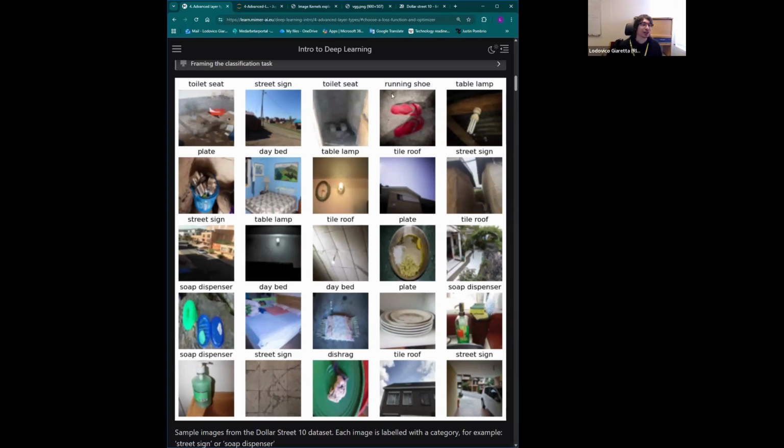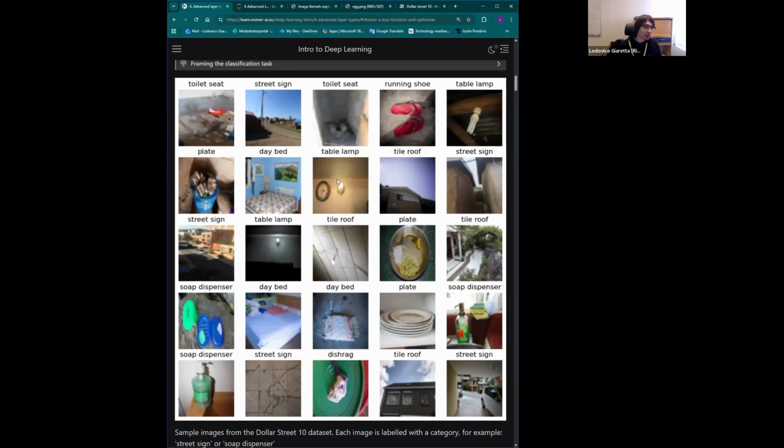Data never really matches what you would expect it to be. Like this tile roof, I mean, you can barely see the roof in here. So this is quite an interesting challenge when you work with real-world models. How do you handle this sort of data? For today, we will not really do anything about this, and we will just try to train a model that can work with this very messy data.